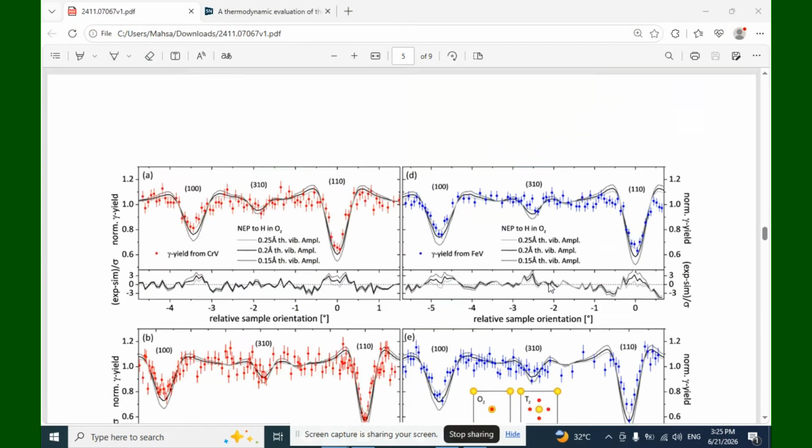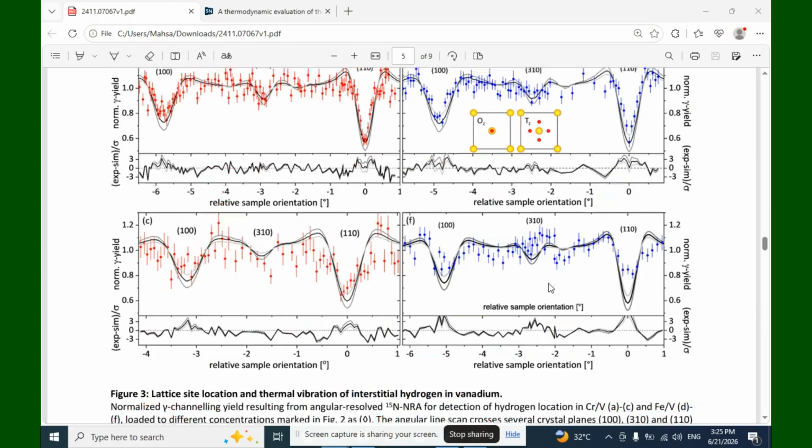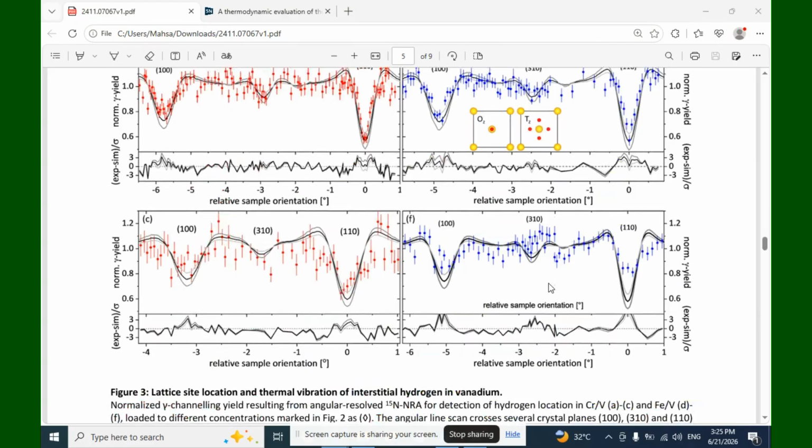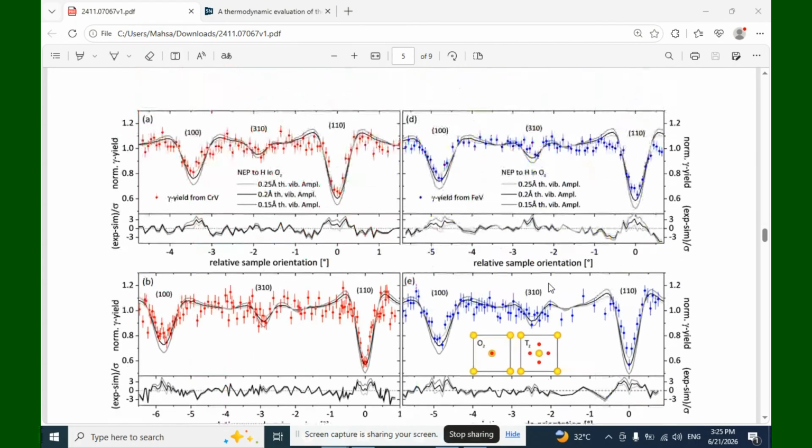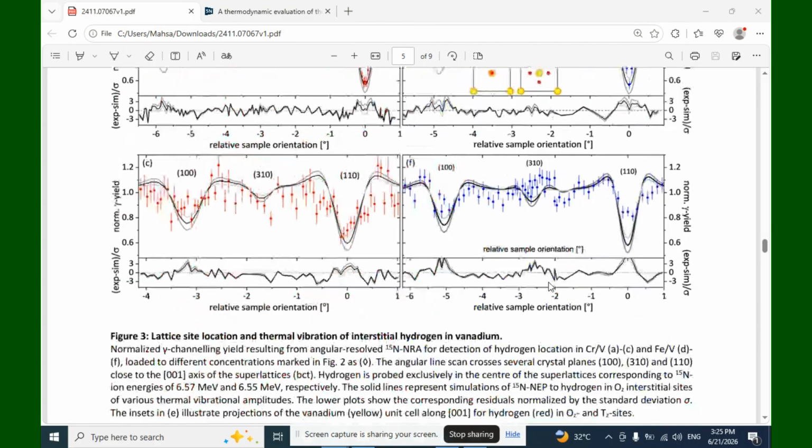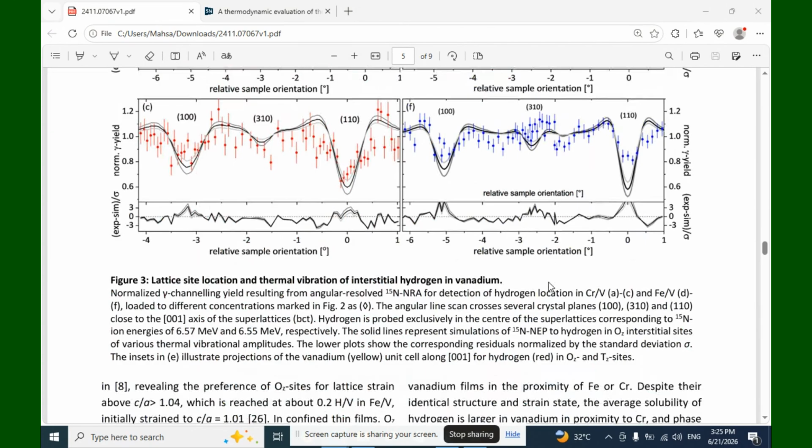The first one is related to the relative sample orientation, and also let's talk about the sigma normalized channeling yield resulting from the angular scan for detection of the hydrogen location in chromium and also iron, loaded to different concentrations as noted in figure 2. The angular line scan crosses several crystal planes: 100, 300 and also 110.